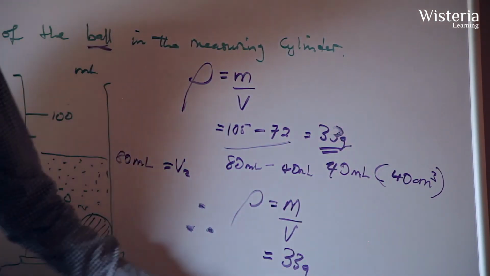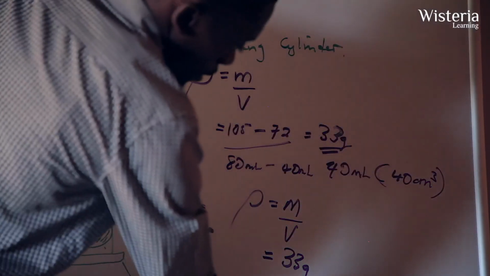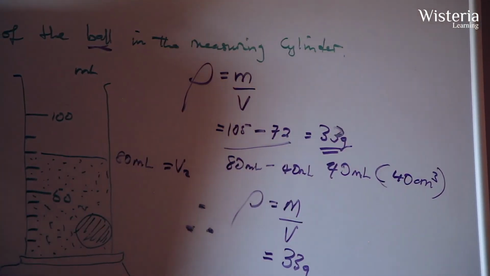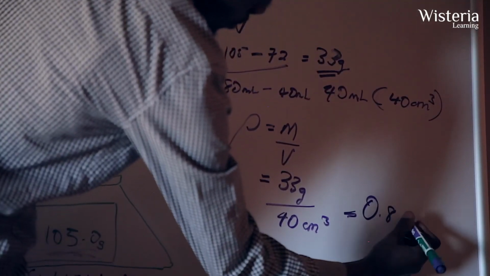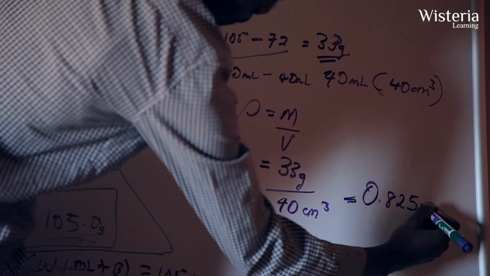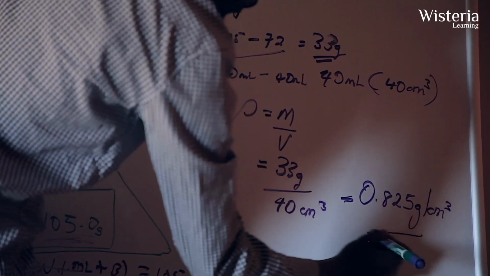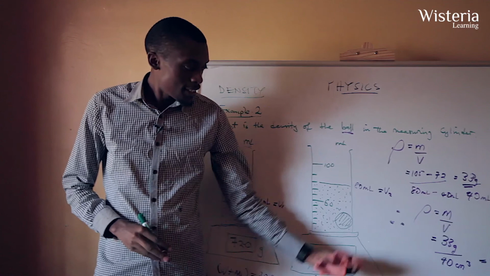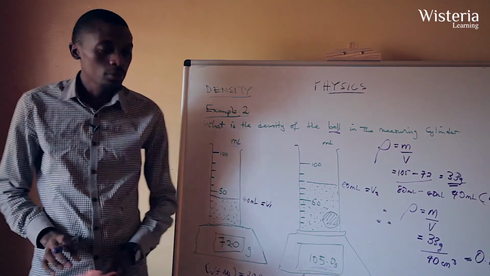Now, in order to calculate density, we just say 33 divided by 40 will give us a value of 0.825 grams per cubic centimeter. So that is how we determine the density of a ball in this example.